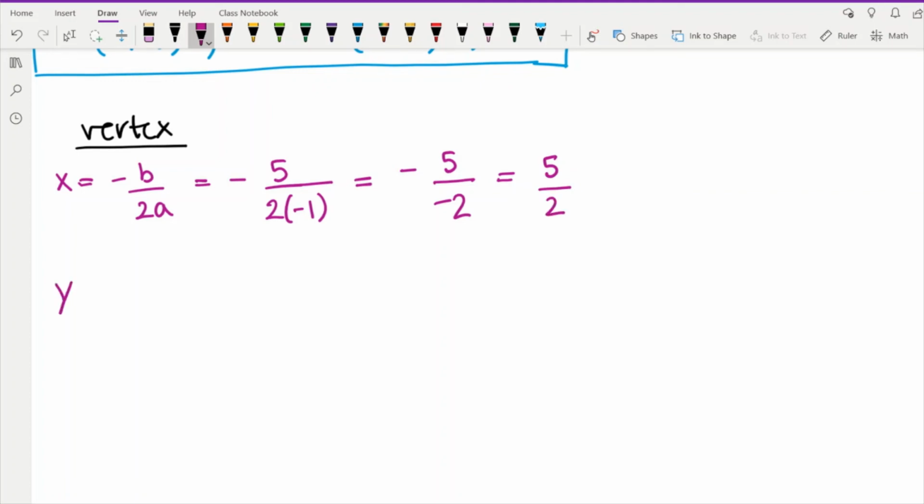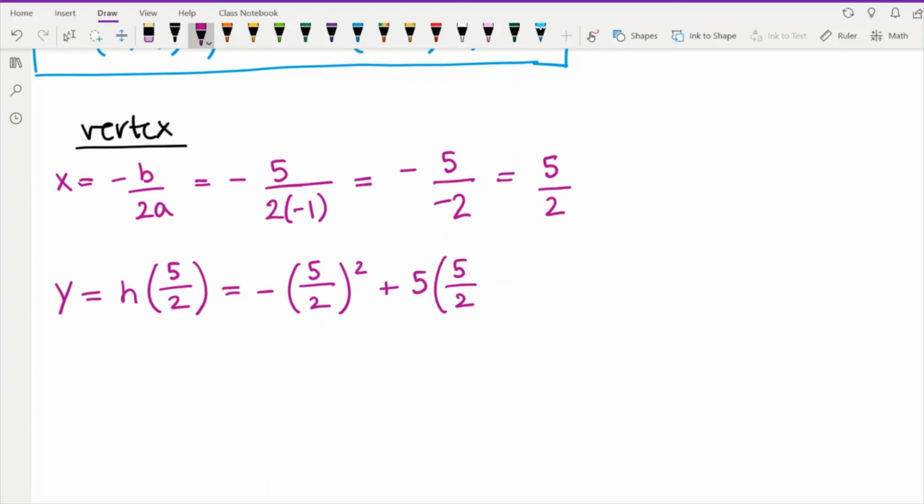And so to find the y-coordinate, we're just going to plug that value into our function. So our function again was negative x squared plus 5x minus 1, so we're going to have negative (5 halves) squared, plus 5 times 5 halves, and then minus 1. And so that's going to give us negative 25 over 4 plus 25 over 2 minus 1.